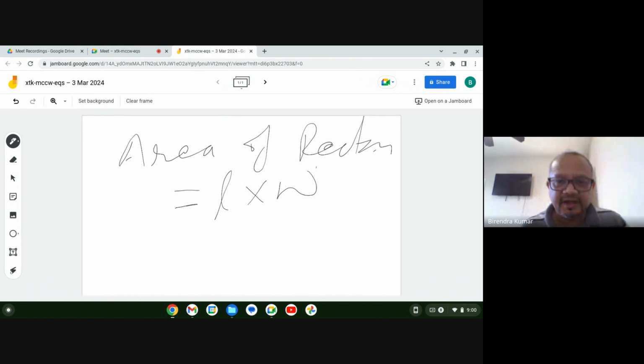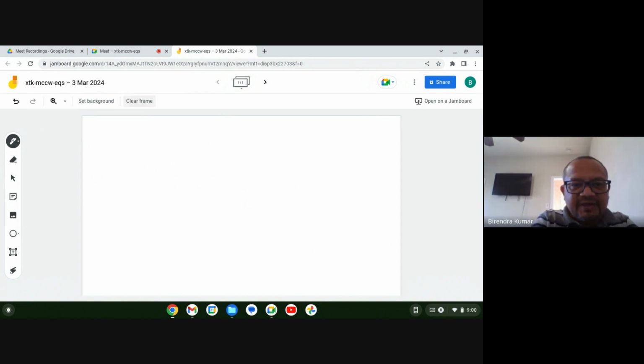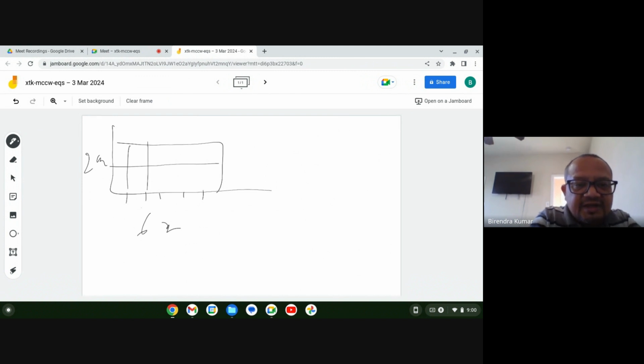All right. So from whatever we have seen in this diagram, we saw that if I have a rectangle which is, let's say, 6 centimeter in length and 2 centimeter in height, I can essentially break it down into 12 boxes of 1 centimeter length and 1 centimeter width.